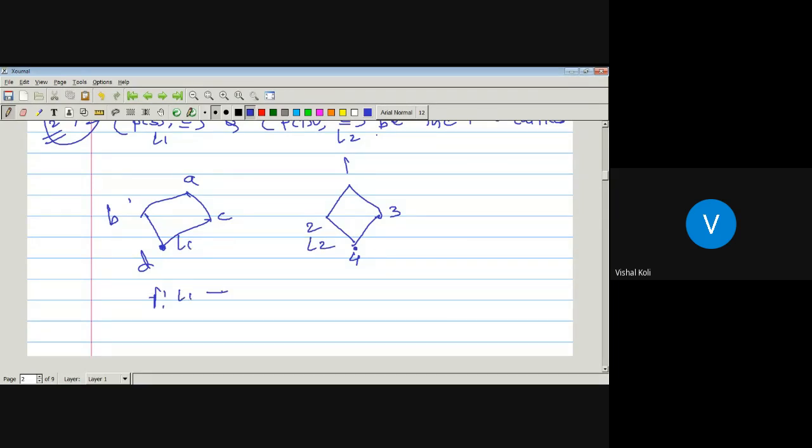F is from L1 to L2 defined by f of D can be taken as 4, f of B can be taken as 2, f of C will be 3 and f of A is nothing but 1. Now tell me whether this function is one-one and onto.